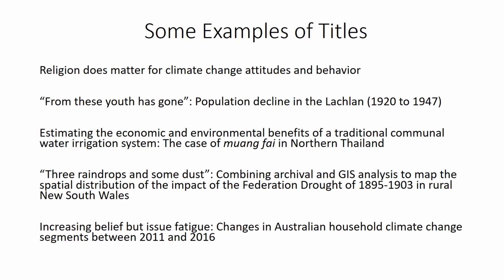So that's the title, "Three raindrops and some dust: combining archival and GIS analysis to map the spatial distribution of the impact of the Federation drought of 1895 to 1903 in rural New South Wales." Long title, but the title really does tell the whole story of the paper.